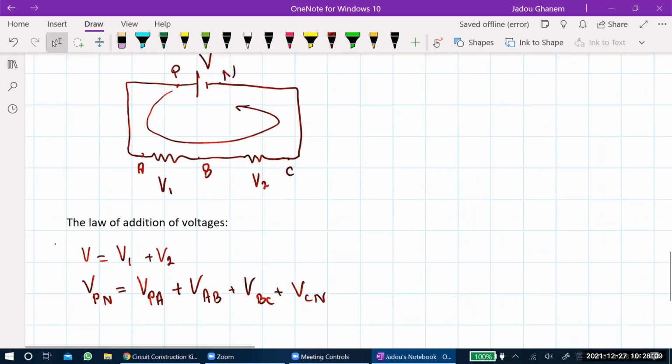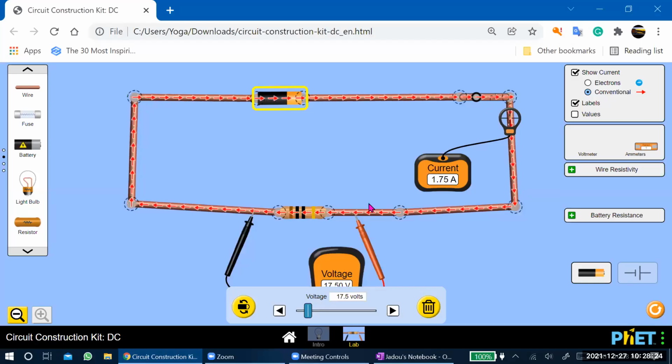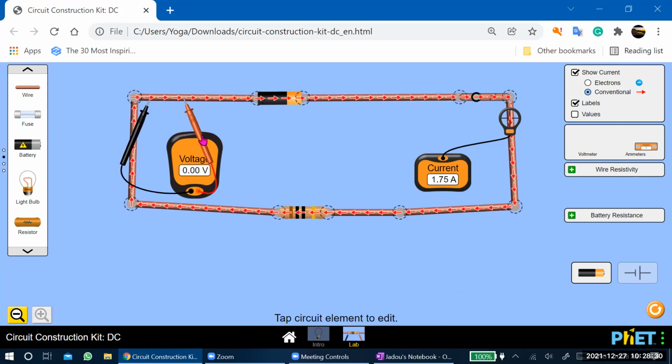Okay, as you can see, do you know the voltage across a wire? What's the value of the voltage across any wire? Usually, if you measure the voltage across a wire, let's take this voltmeter and check the voltage across any wire. The value will be 0 always and always, okay?